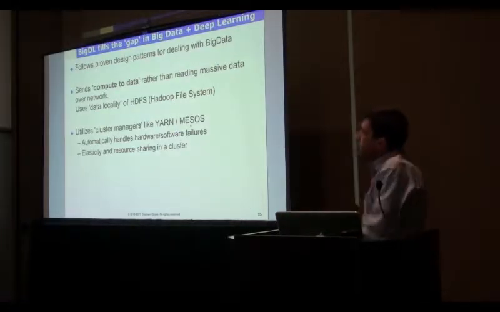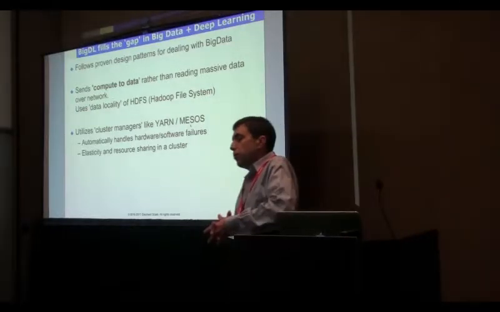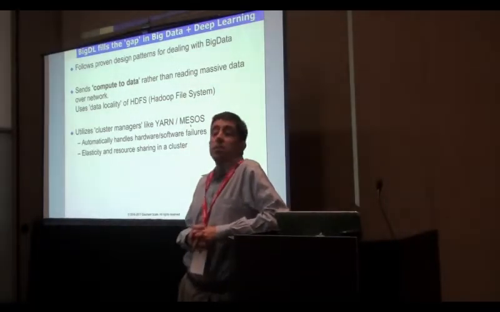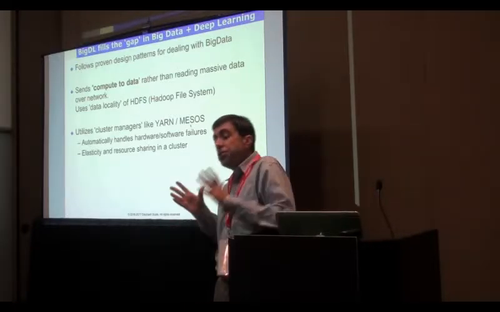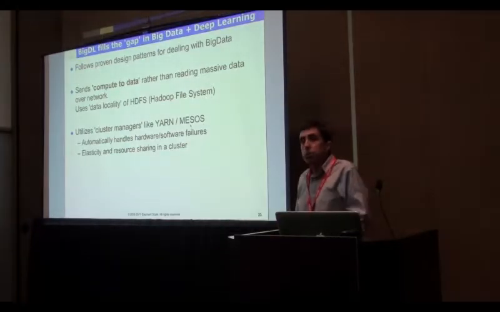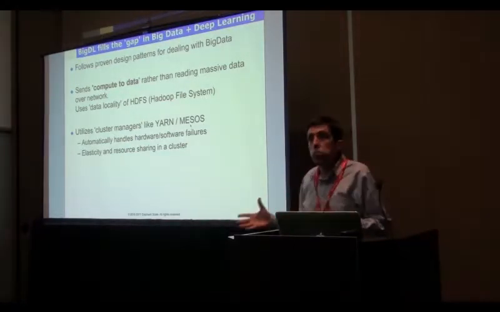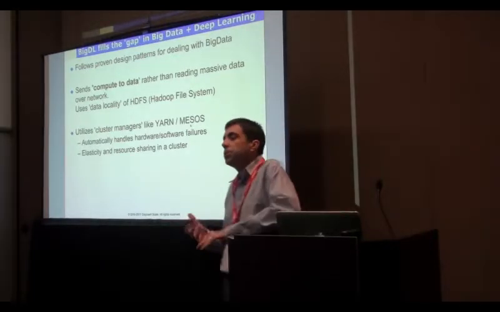So BigDL is designed to give us big data plus deep learning, which honestly, before BigDL, there's been a big gap in this area. Of course, we have pretty good traditional ML frameworks that are built on top of our big data stack, things like Spark ML plus H2O and other kinds of traditional ML, and we can do things like ensemble decision trees.